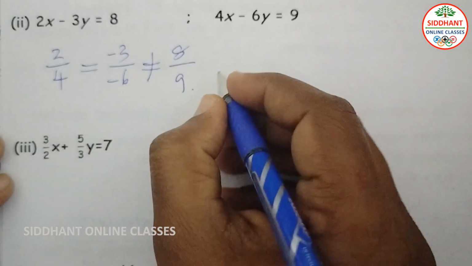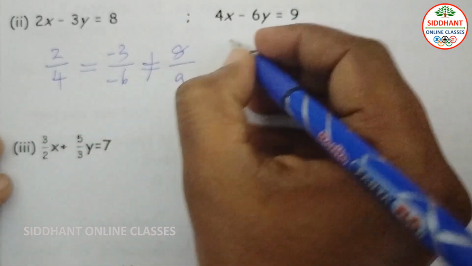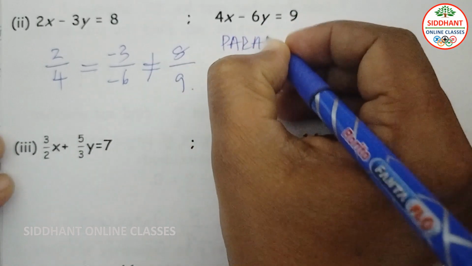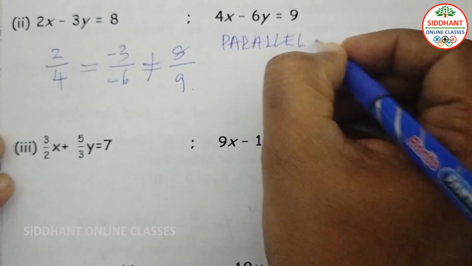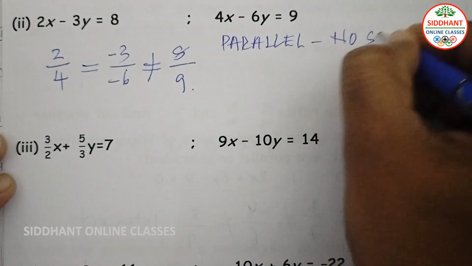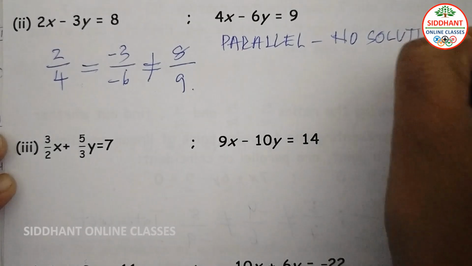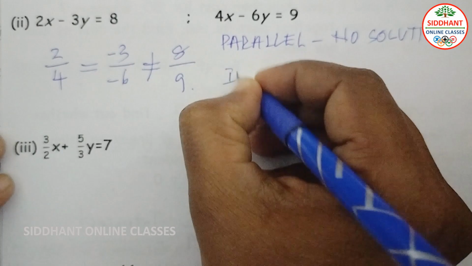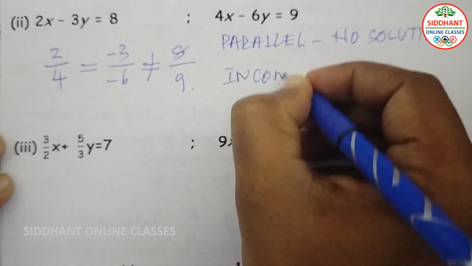So we can say that the two lines are parallel to each other and there is no solution here. And we can say that the equations are inconsistent.